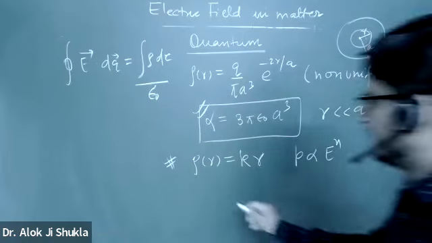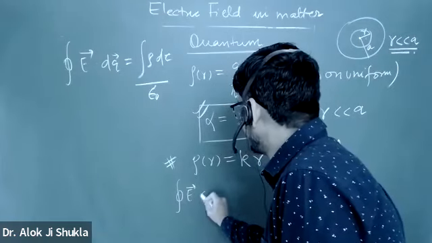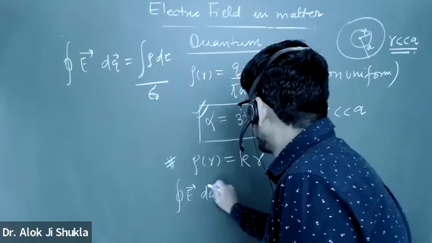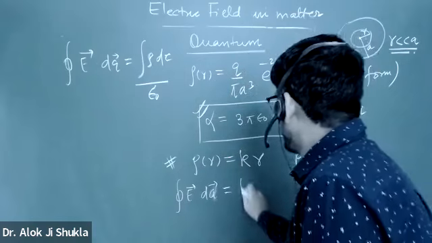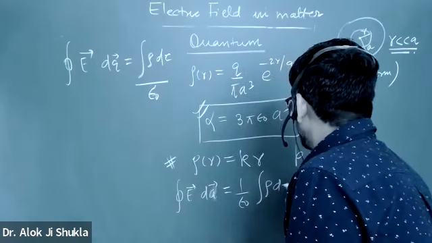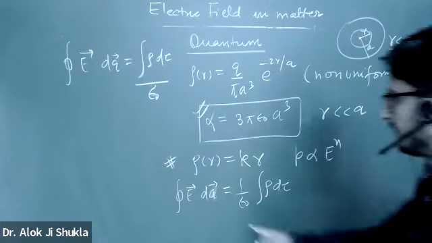You will write closed integral E dot dA is equal to 1 by epsilon naught integral rho d tau. Correct? And then you will calculate the value of dipole moment. Let us do it quickly. So in this case, what will happen?